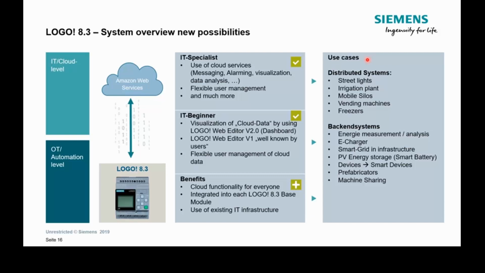As you can see, there are a few that we've thrown together there just to give you some ideas of remote systems. You know, vending machines used to be a really big area for logo. I can see this picking back up because now we've got this cloud connectivity, and there are other things coming along on the back end of this as well, moving into the future that will enable that to become much simpler to establish the connection. So good coverage, whether you're a beginner, whether you're a specialist, everybody can benefit from this cloud connectivity with the logo.